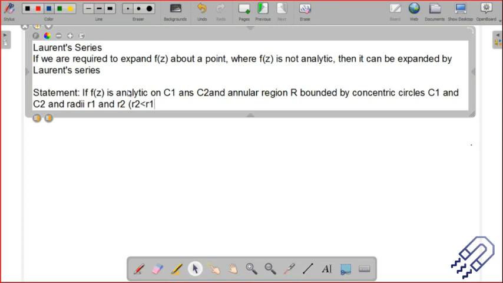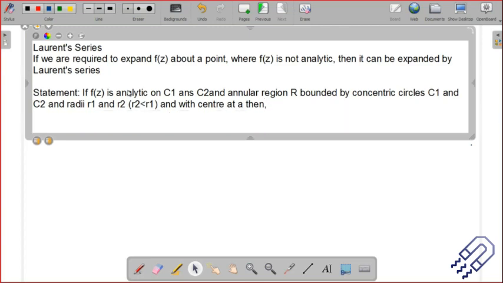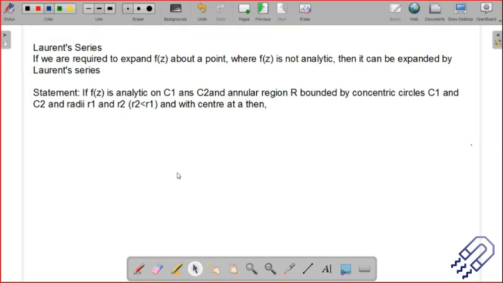So R1 is less than R2, with center at a. Then you can actually have a series, and that will be given by Laurent series, and that series, maybe we can just write it down.